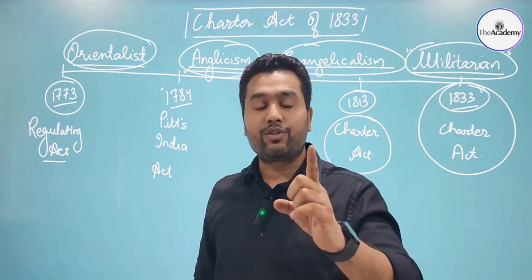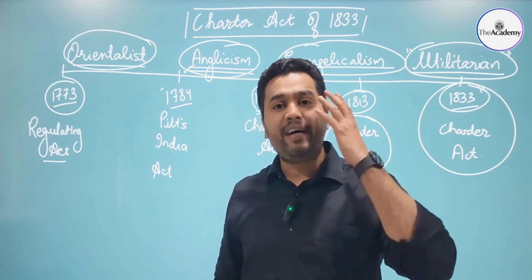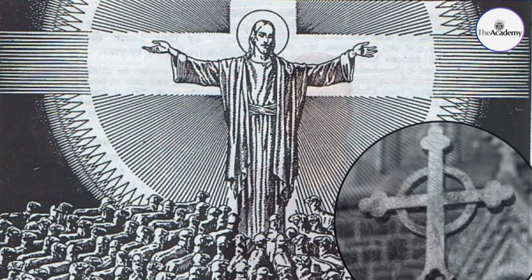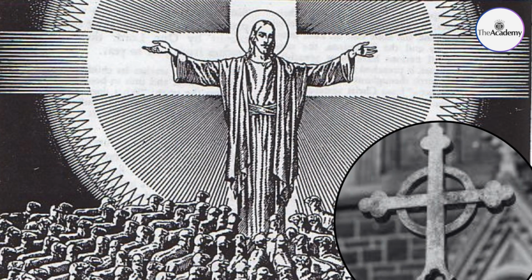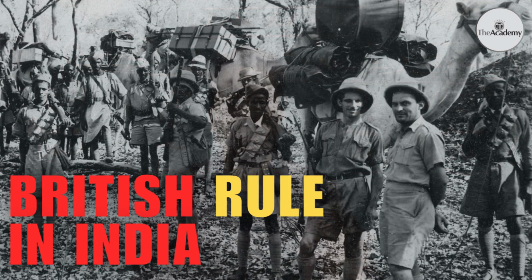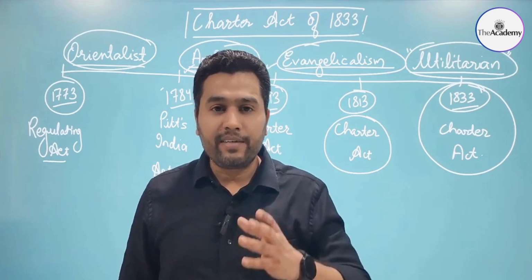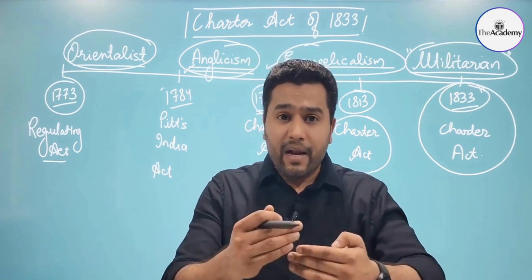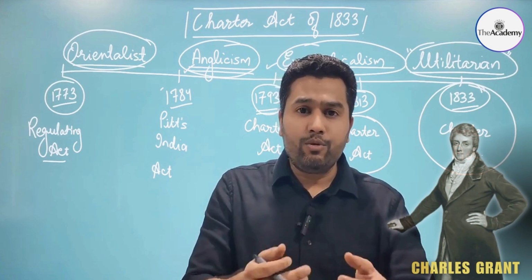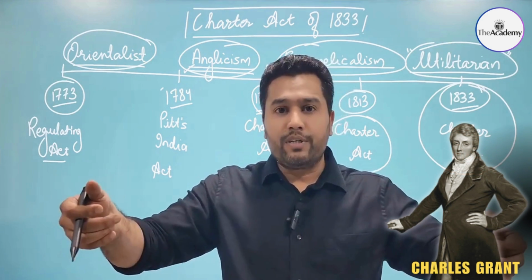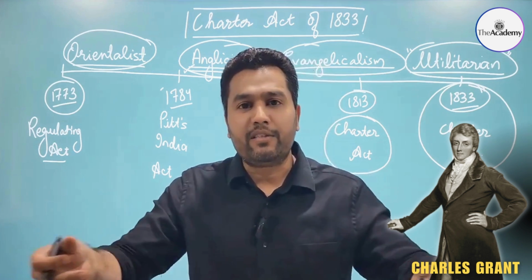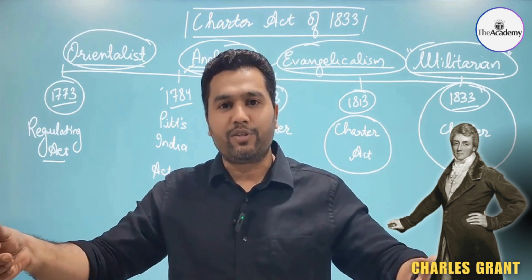And this Anglicist thought, in the form of white man's burden, blended with Christian humanism and evangelical principles which justified British rule in India. In fact, prior to the introduction of the Charter Act of 1813, Charles Grant wanted to introduce one provision that British rule in India is for the moral and spiritual upliftment of Indians.